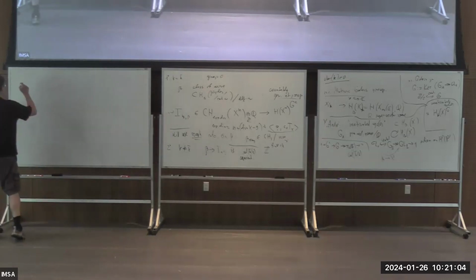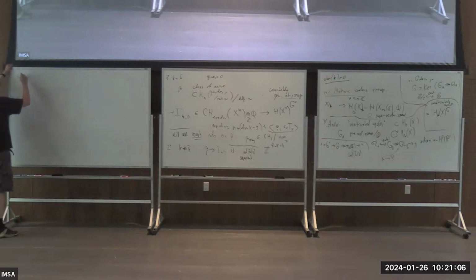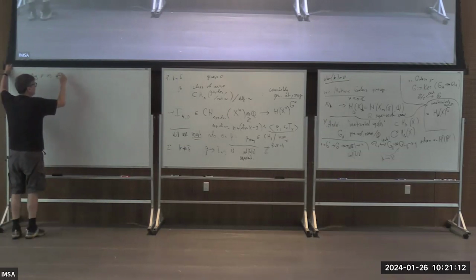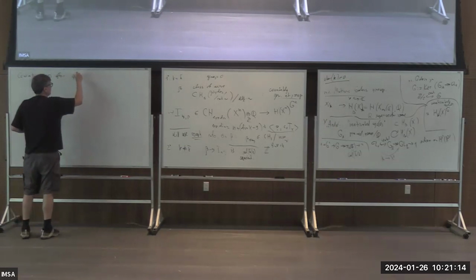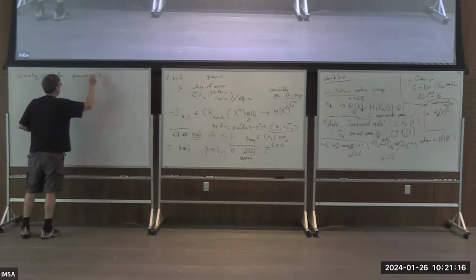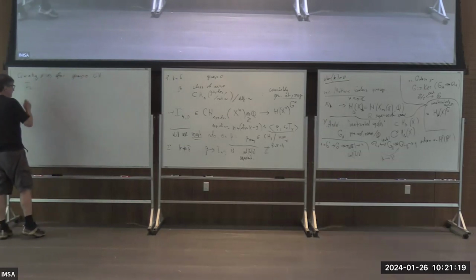Now about generating series. For given zero-point invariants, it's called F0.